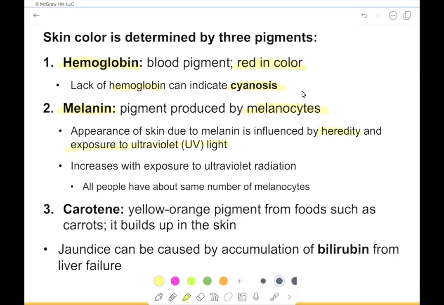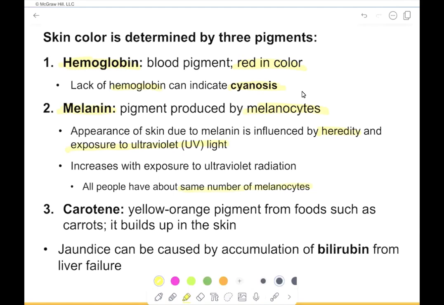So we do have some built-in protection from the UV light, but that doesn't mean that we should not wear sunscreen. So there's increases with exposure to ultraviolet radiation. And what's really interesting is that all people have the same number of melanocytes.